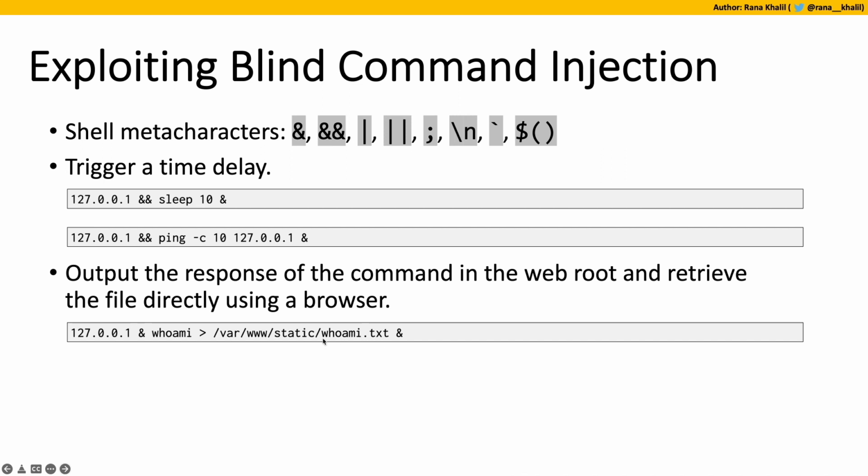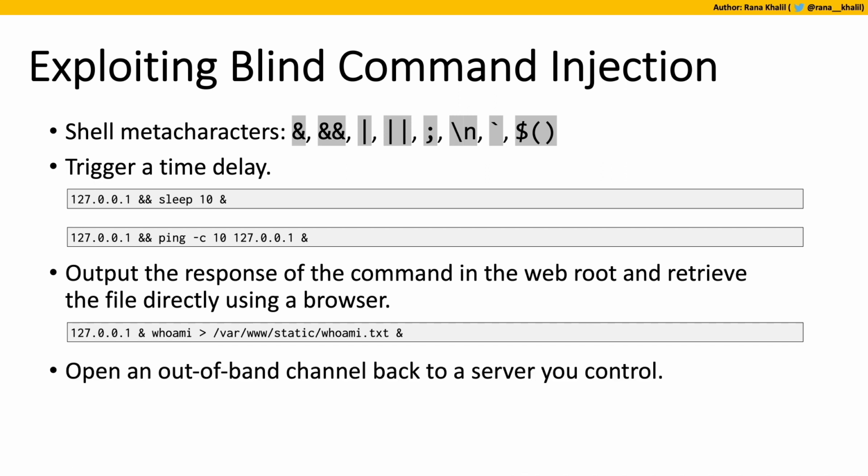Now, if you browse to this directory from the browser and you see that there's a file called whoami.txt, then the command injection was successful, and the content of the whoami.txt file will be the output from the whoami command, which is the user context that the user is running with. Now, this just uses the whoami command. We can use any other command to exfiltrate data from the system.